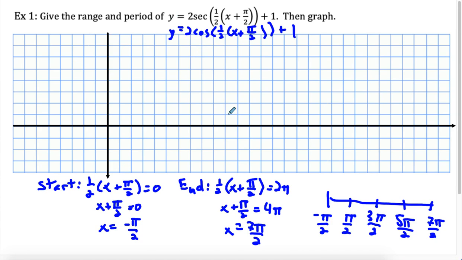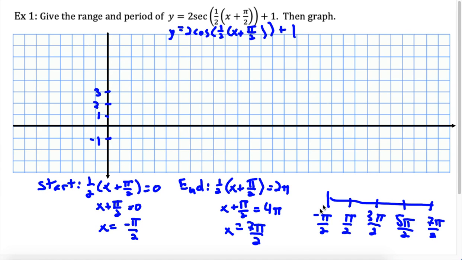Now, instead of labeling everything as if we would go up 1, 2, 3, I'm going to stick to labeling each one as 1 here because I want to focus on the secant curve, which is going to be above and below the cosine curve.